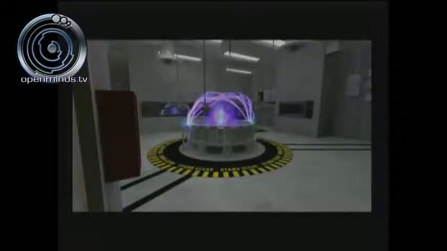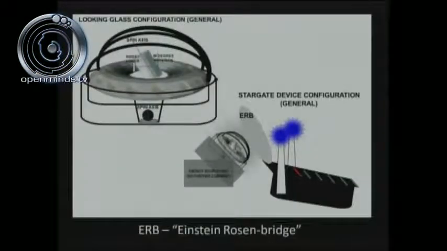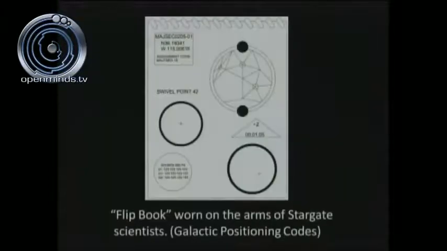There was a stand-clear yellow and black stripe that followed the circumference of the Looking Glass device. Now again, this is Dan Burisch's rendering. We talked about the Looking Glass configuration. It's the general configuration on the upper left-hand corner. And then on the upper right-hand corner, we've rotated the device 45 degrees from the horizontal, and now it's in the, quote, Stargate configuration. So that's what we see there.